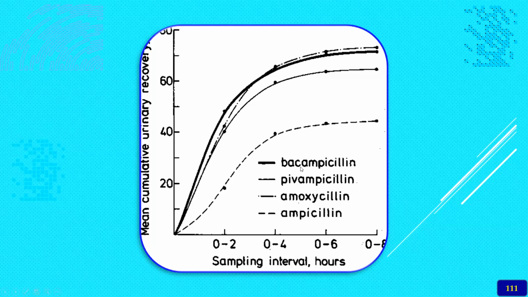Amoxicillin concentrations are also attained very fast compared to ampicillin. The highest concentration will not be attained when compared to the other three drugs. The sampling intervals are 0 to 2, 4, 6 and 8 hours.